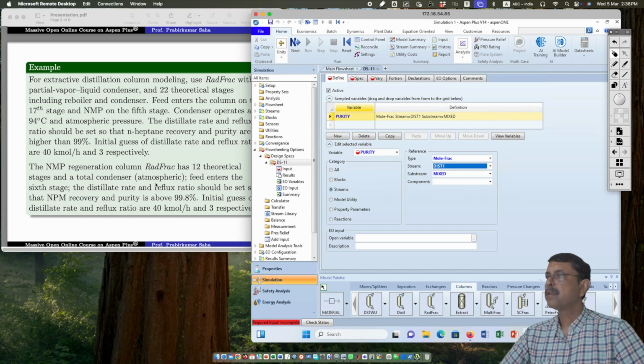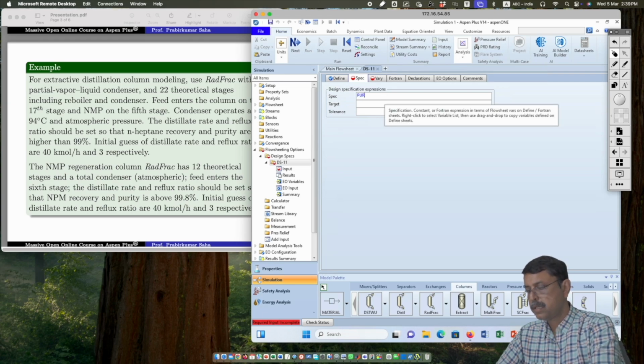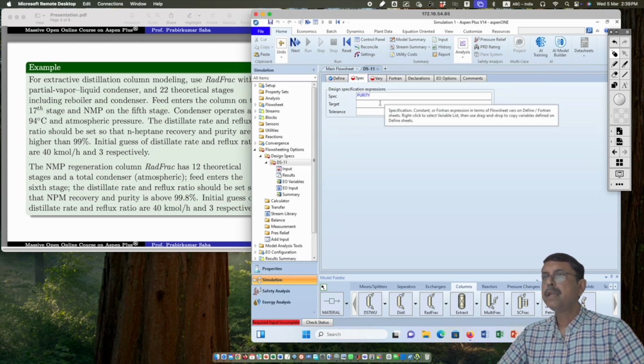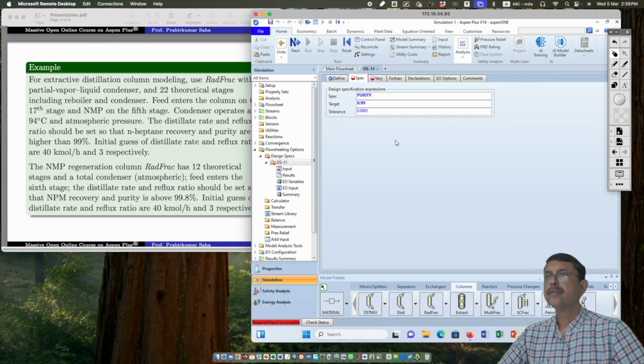So N-heptane purity, the mole fraction in distillate 1, the component is heptane. And we shall spec this purity to be 0.99 with a tolerance of 0.0001.